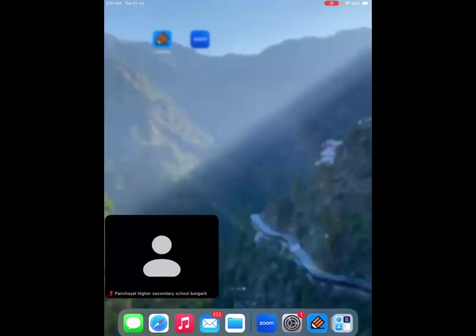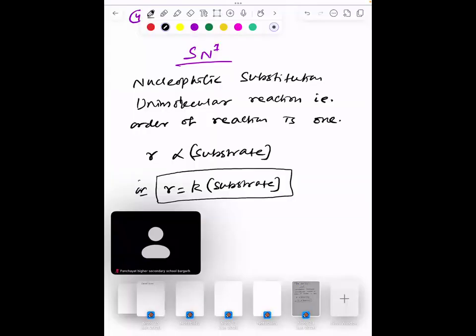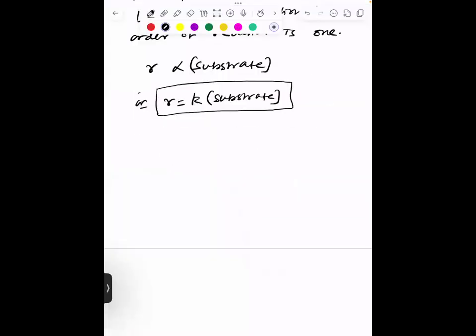Now, we are going to write the mechanism. Mechanism of SN1 reaction. So first is step 1.